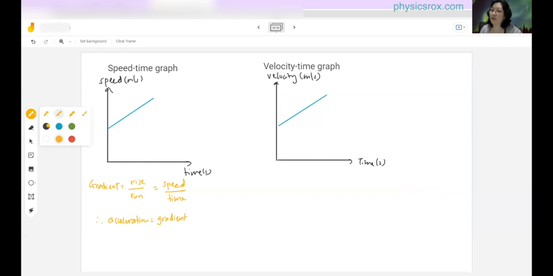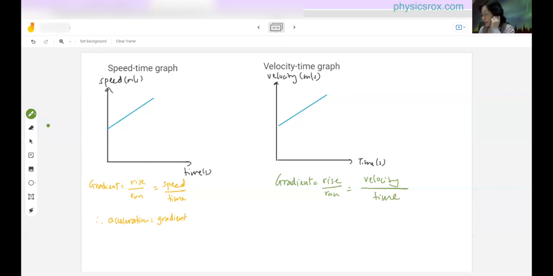But actually, acceleration is more suitable for velocity, because if you calculate the gradient here, it is also rise over run. The rise is velocity, and the run is time. The acceleration formula, if you remember from the earlier topic, is change in velocity over time.